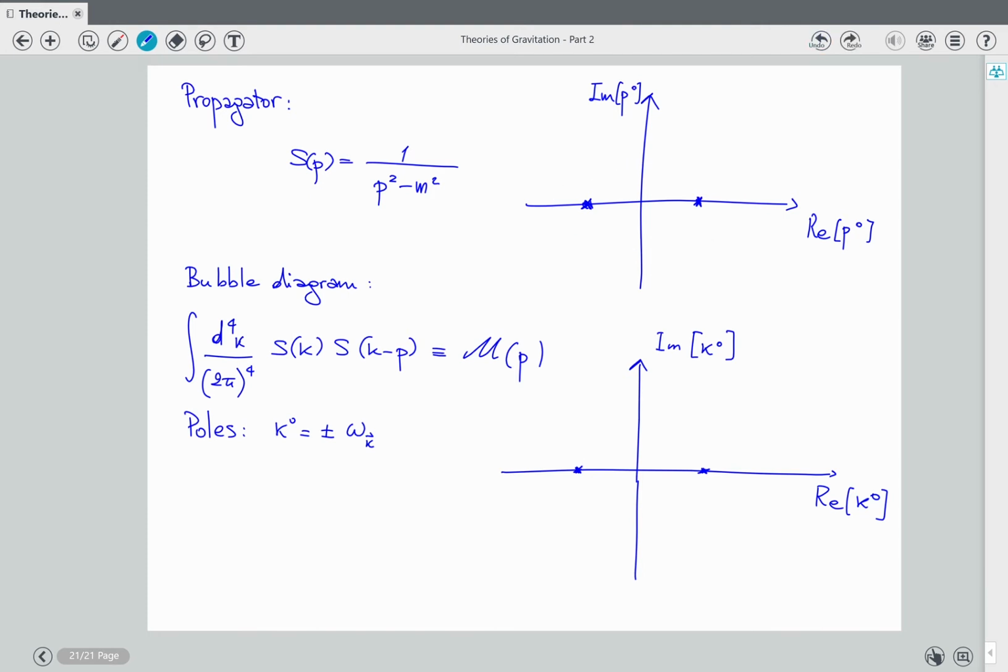But then you have two other poles that depend on P, and they are obtained by replacing k with k minus P here. So instead of k0, you have k0 minus P0, and that will be plus or minus omega of k minus P. Or k0 equals P0 plus or minus omega of k minus P. So where are these poles?